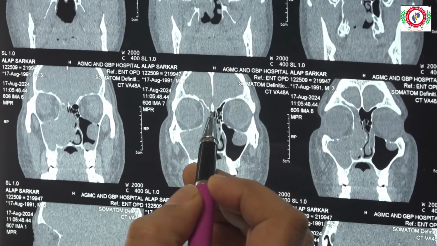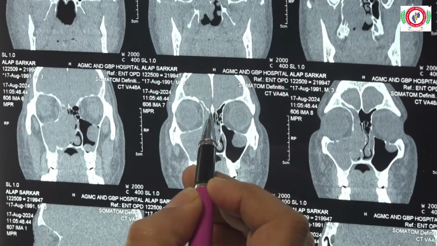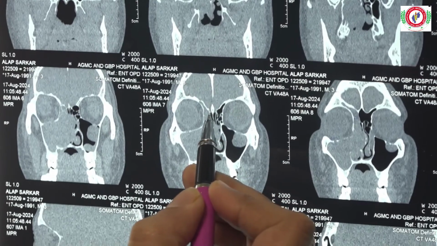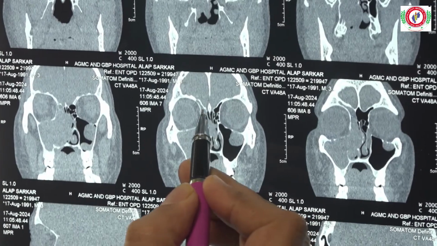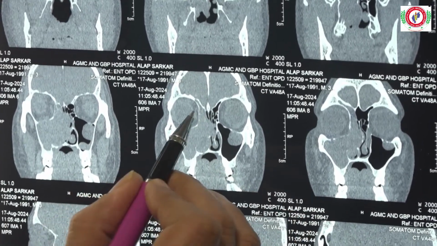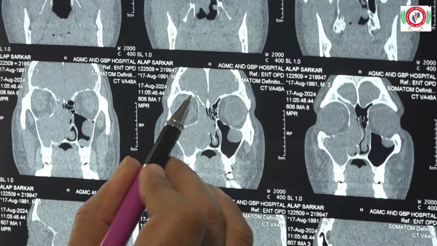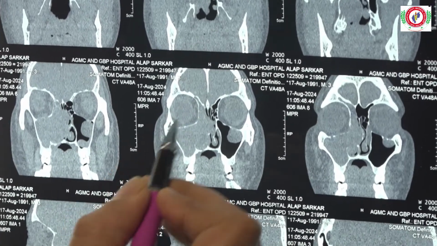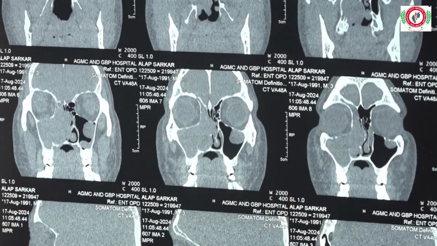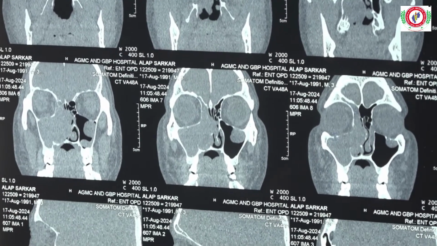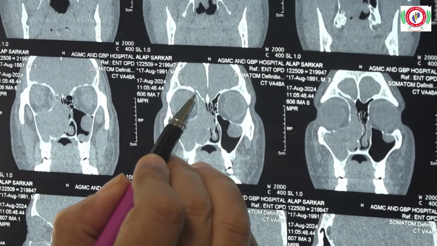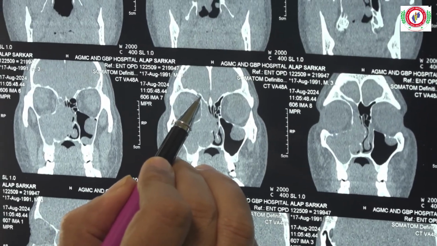Now we come to this cut. Someone asked about the supraorbital cell yesterday. You see there is no frontal sinus above now. This is all anterior cranial fossa and this is the cribriform plate. You see this is crista galli, this is cribriform plate, medial lamella and the lateral lamella of the cribriform plate.